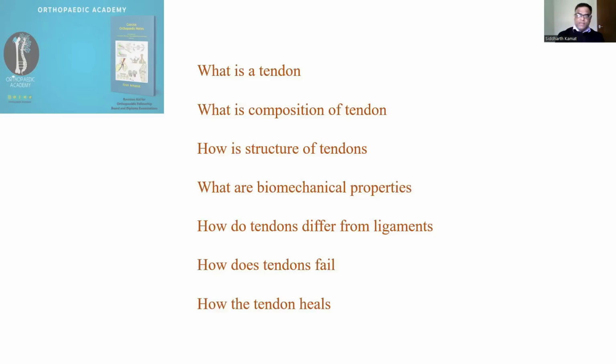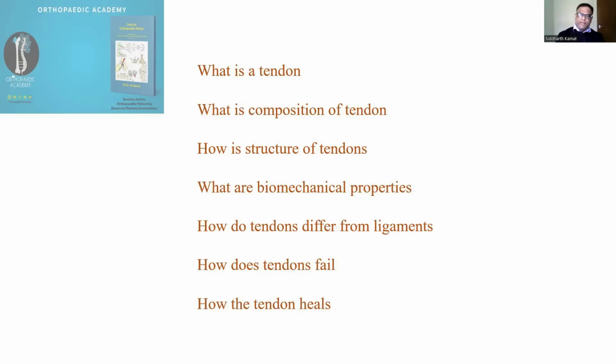It can also insert with a phase transition. That is, at the point of insertion, tendon changes to non-calcified fibrocartilage, then calcified fibrocartilage, and then bone. This structure is seen in the rotator cuff and tendo Achilles.